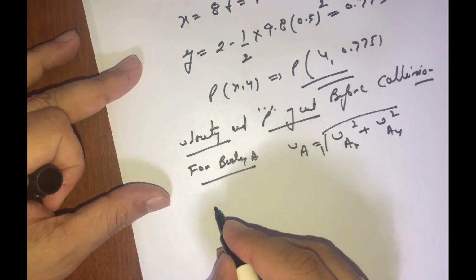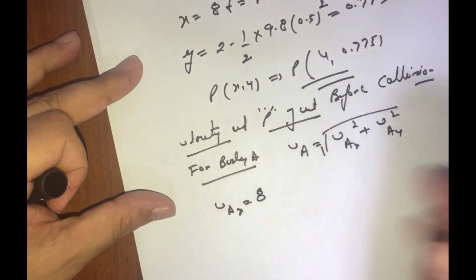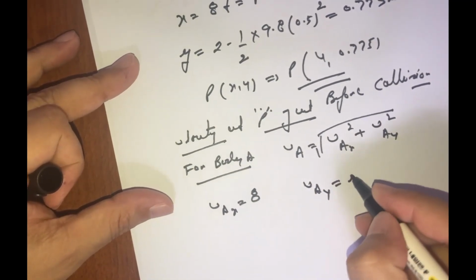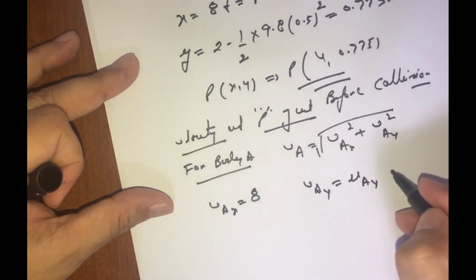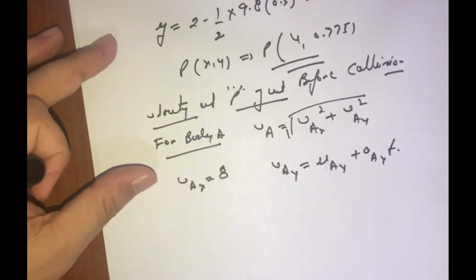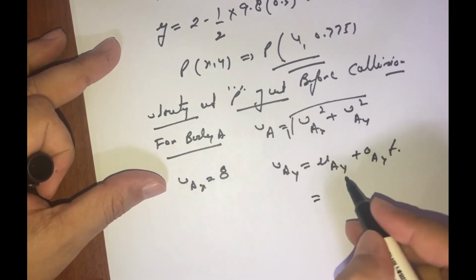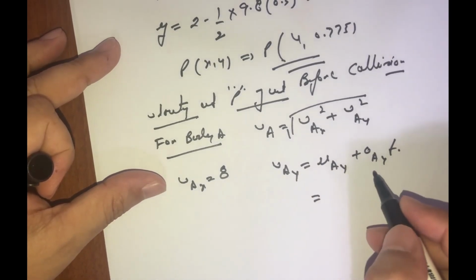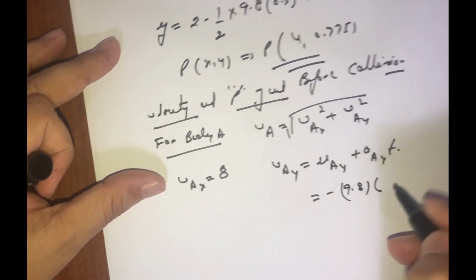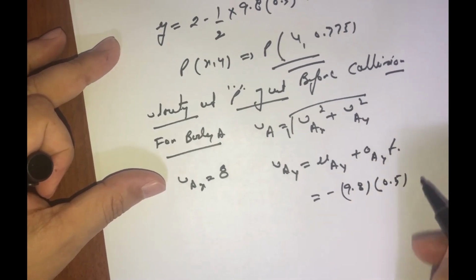So we can say that VAX will also be equal to 8 meter per second, and VAY we can find out by using the formula UAY plus AAY multiplied by t. Now there is no initial velocity in the y direction, so this will be 0. This will be coming as minus 9.8 multiplied by the time we calculated already, 0.5 seconds.